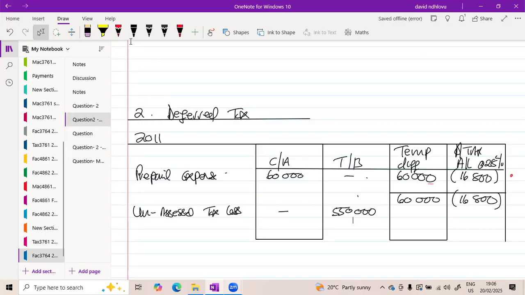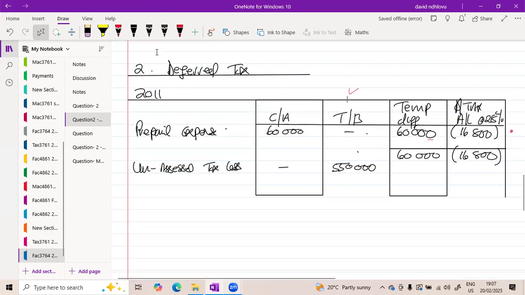You use that loss to reduce your tax profits in the future. So to SARS, they are saying they are owing you. And this amount owing of 550, which is the total value of the tax losses cumulative up to 2011, SARS is saying they are owing you that. So therefore, they have a tax base for it, which is 550. It's a positive amount because to SARS, that's an asset. They are owing you that. Are we clear on that, good people? Any question? Are we on the same page?